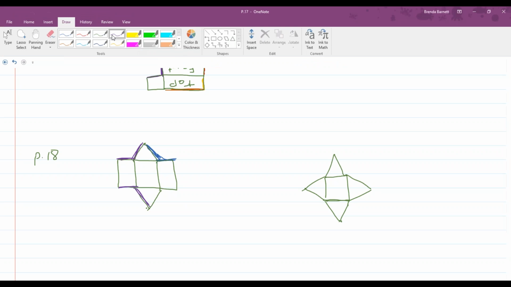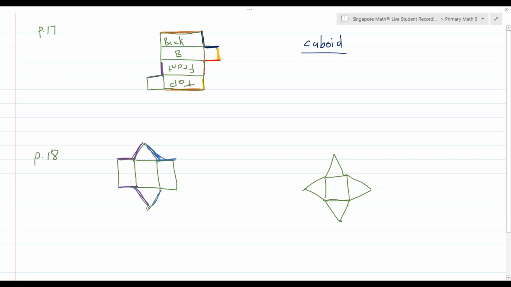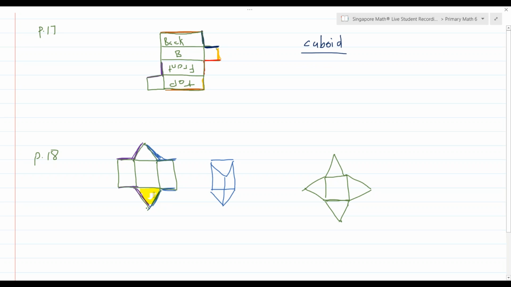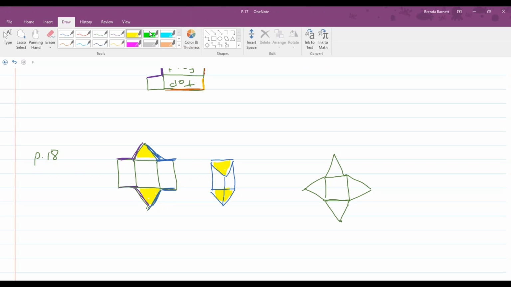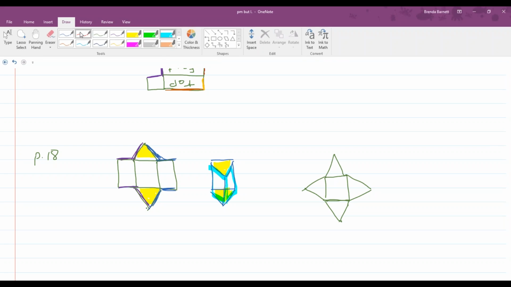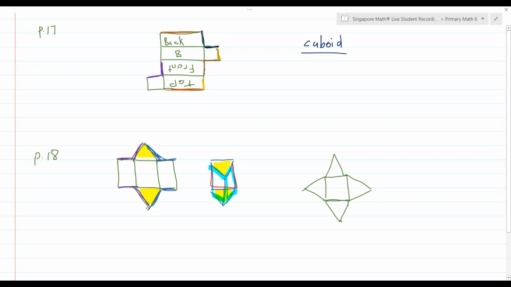Now theirs is a much nicer drawing than mine. You'll have to pretend like mine are all the right sizes. But what's going to happen is it will fold to look like this. Notice that the two triangles become the bases, and then notice that this figure has three rectangles, one here and one here. Those are obvious, and then of course the one in the back here is your third rectangle.